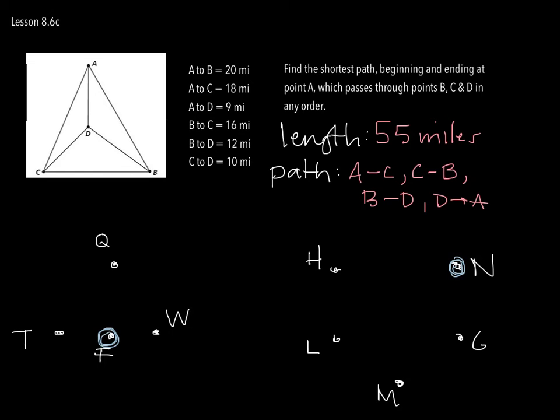I can't go up here and then start again. I can't cross over my line. Now I can cross diagonally or whatever it might be, but I can't go over my line already made. So you have to connect these lines.